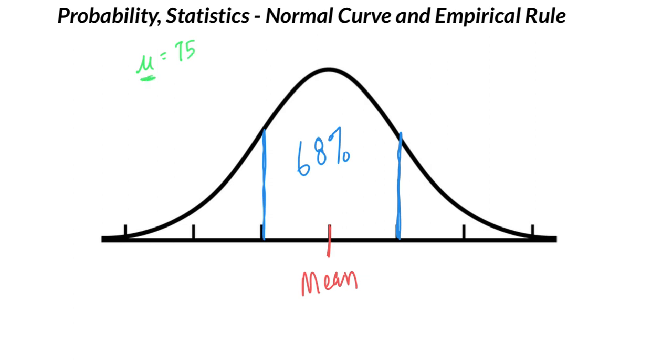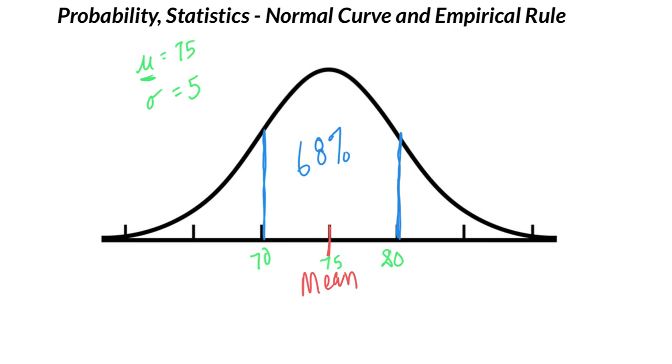This mu is oftentimes the symbol for average, and it has a deviation of 5. So 75 goes right here, and if I say, well, 5 points higher is 80, and 5 points lower is 70, if I said to you, how many students scored between 70 and 80, you'd say 68%.